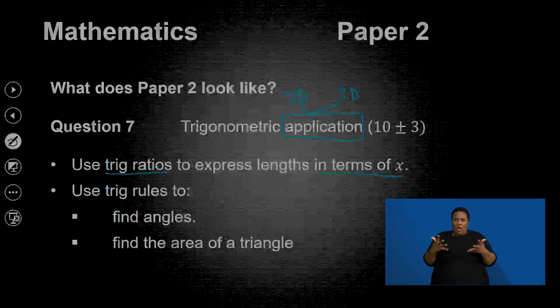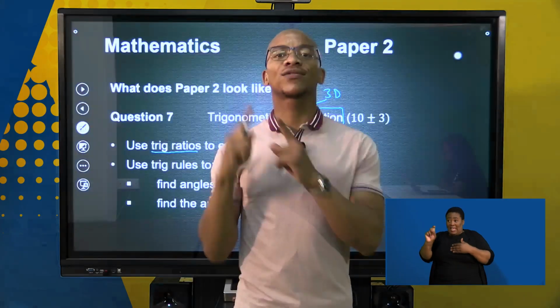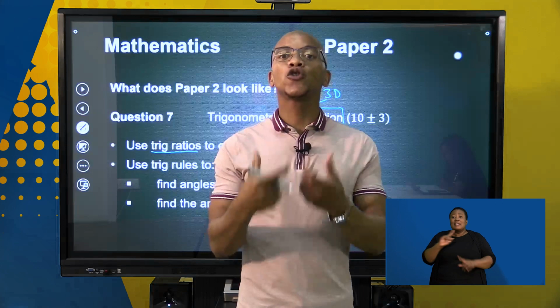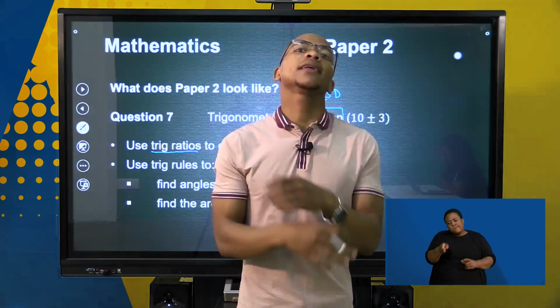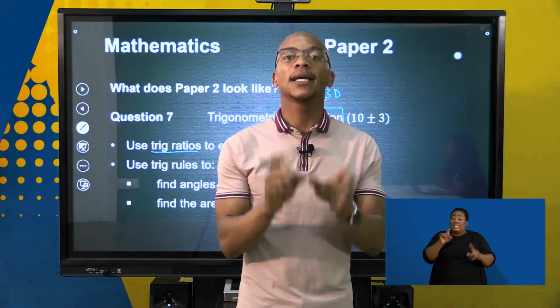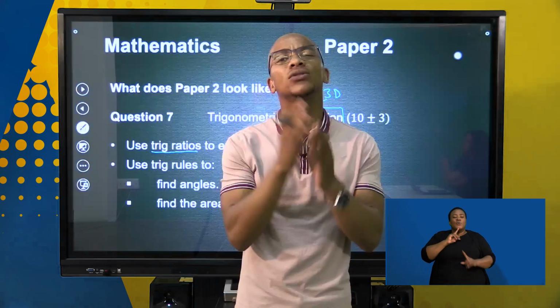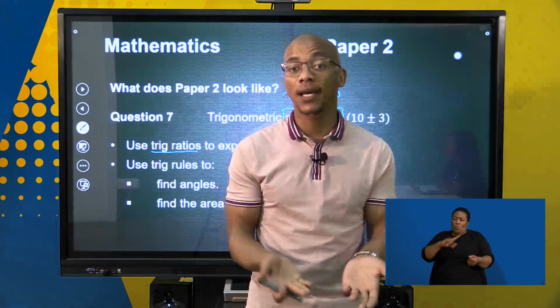Guys, I know when they say in terms of x, they do not mean you need to solve for x. It simply means that your answer should have x as one of the variables that are there. It might have other variables, but as long as there is x in your answer, then you have answered the question correctly. Don't solve for x, because that's not what the question would want you to do there.